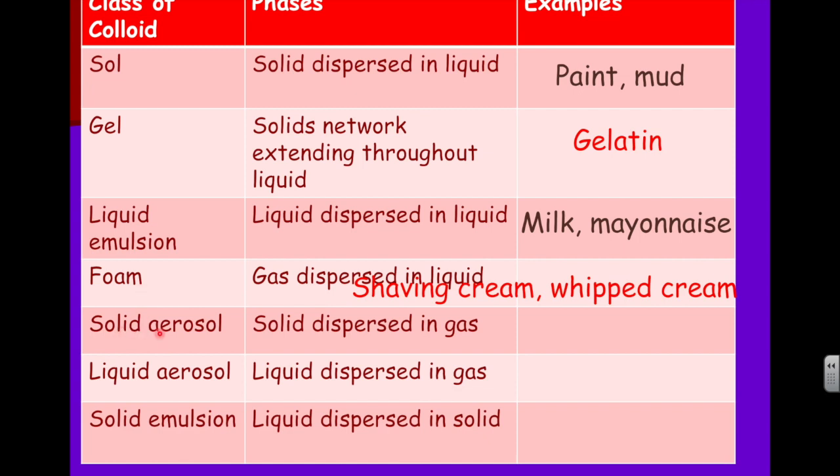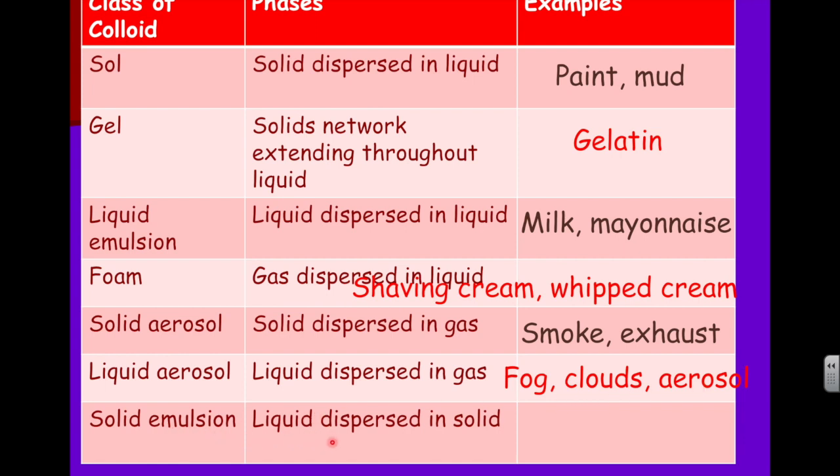Now a solid aerosol could be like smoke or exhaust, a solid dispersed in a gas. Liquid aerosol could be like fog or clouds or an aerosol spray. And then a solid emulsion could be a liquid dispersed in a solid. They're kind of like cheese or a butter kind of thing.